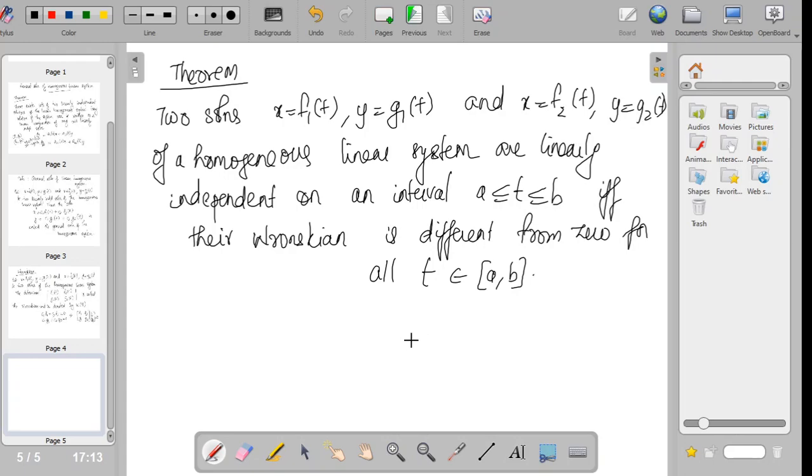So that gives the condition for linearly independent solutions. The Wronskian must be different from 0. In that case, the solutions will be linearly independent.